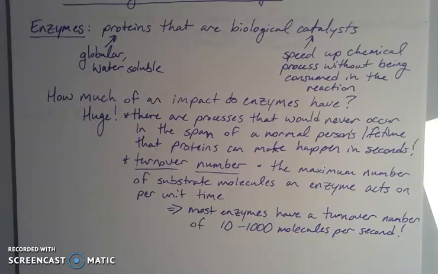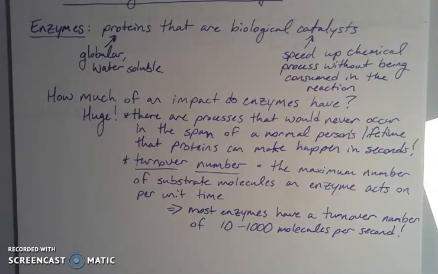It could be a free radical. It could be a carbohydrate. It could be a nucleic acid. It could be whatever. And the maximum number of these substrate molecules I get per second, or per day, or per year, is my turnover number. Most enzymes, and again, this is just mind-blowing, have a turnover number of about 10 to 1,000 molecules per second.